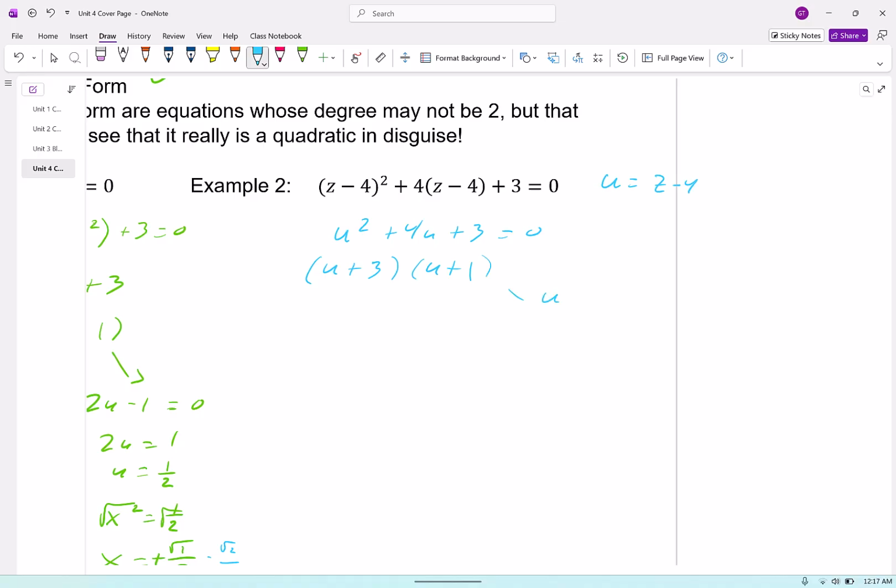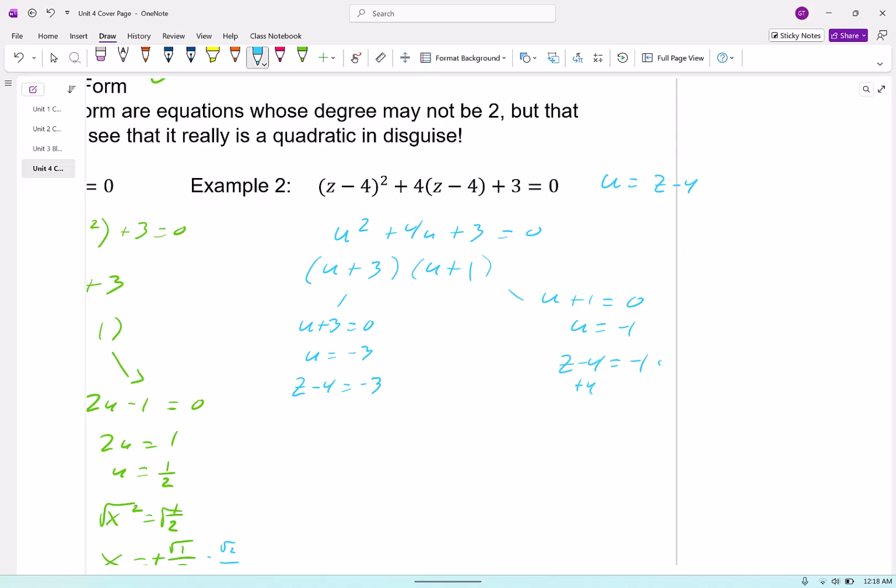All right, so we got u plus 1 equals 0, u equals -1. I got u plus 3 equals 0, u equals -3. Well, I got to plug back in. z minus 4 equals -3. I got z minus 4 equals -1.